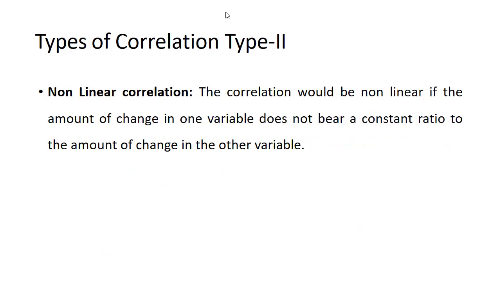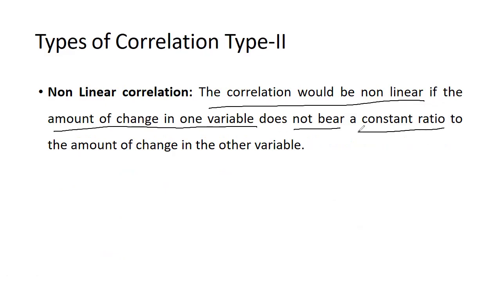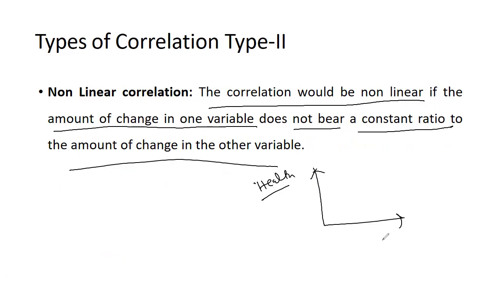So it is a linear relationship. Correlation is non-linear if the amount of change in one variable does not bear a constant ratio to the amount of change in the other. For example, in health and medicine, if you take the prescribed medicine, then your health will improve.